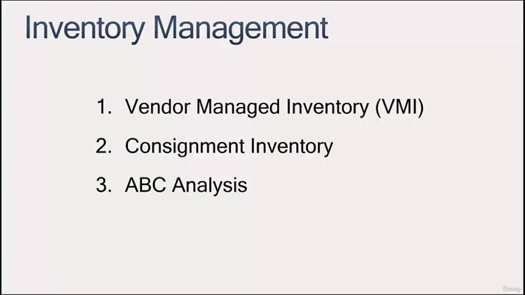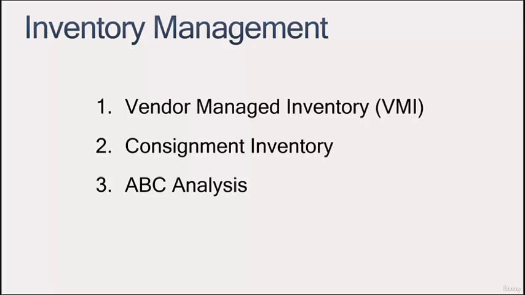As an example, if your criteria is revenues, A inventory items are most important as they have the highest sales. B items are considered less important and have lower sales. And C items are the least important and have the lowest sales. Determining the criteria to use for the inventory classification will depend on the goals the organization is trying to achieve.